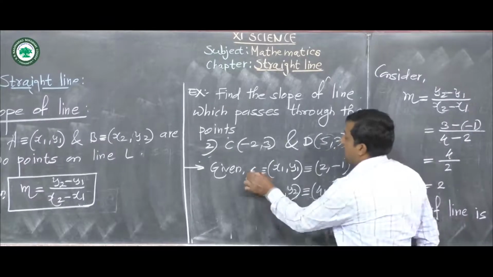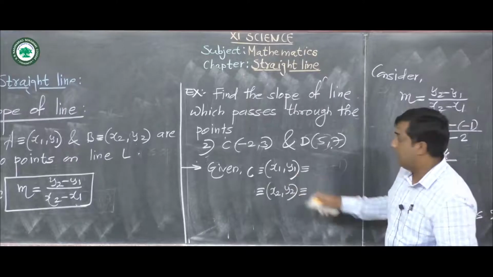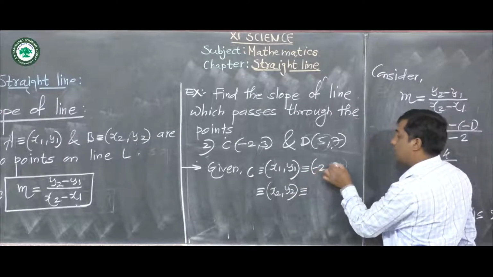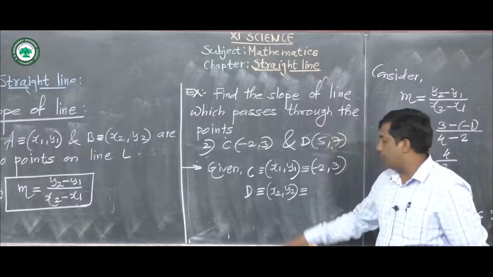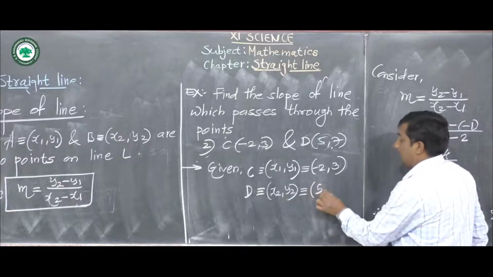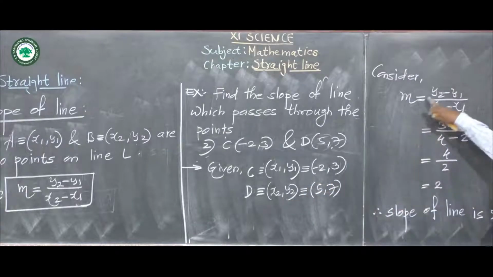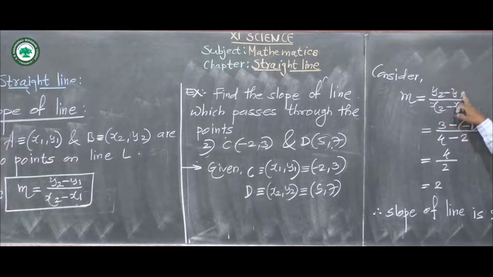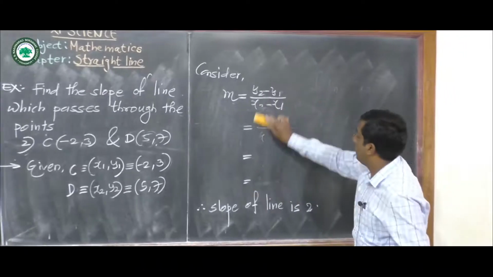C is the first one and is x1 y1 and is equivalent to minus 2, 3. Next, D is equivalent to x2 y2, which is 5, 7. Okay, again we consider m is equal to y2 minus y1, divided by x2 minus x1.